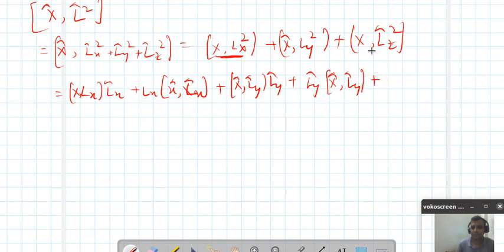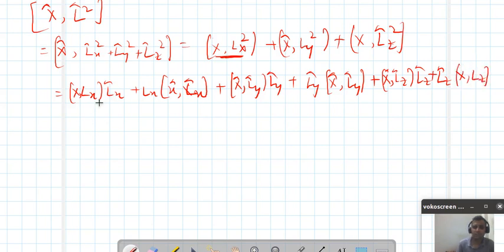Similarly, this can be written as x Lz commutator with Lz plus Lz x Lz, right?